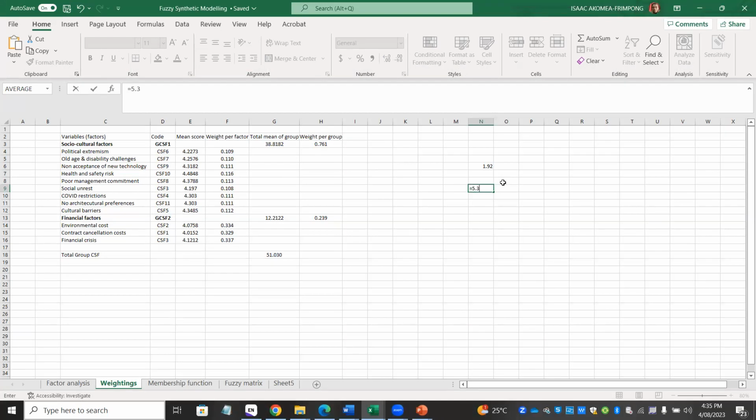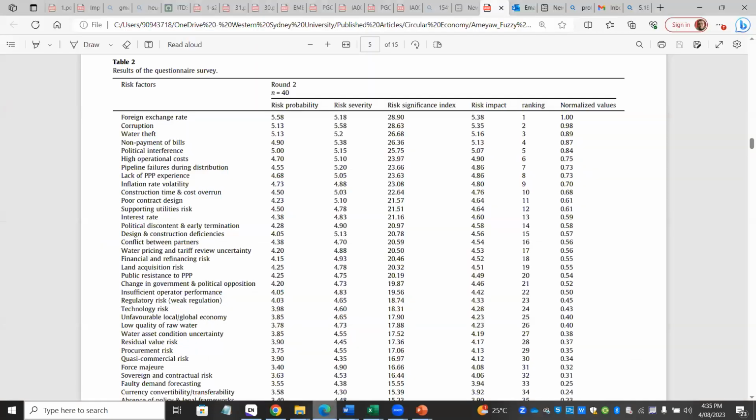So 5.38 minus the minimum mean, which is 3.46, becomes the numerator. And this becomes the denominator. So you divide the numerator by the denominator, and that will give you 1. So that's how the normalized value for the foreign exchange rate factor is 1.